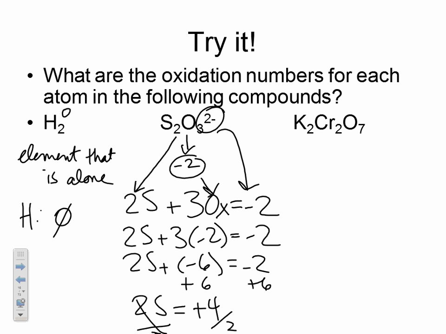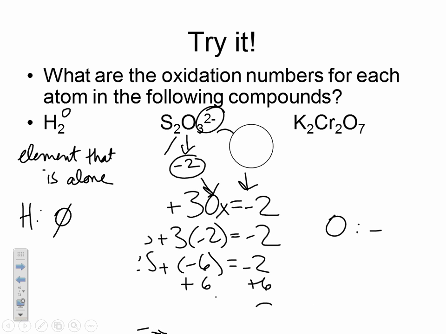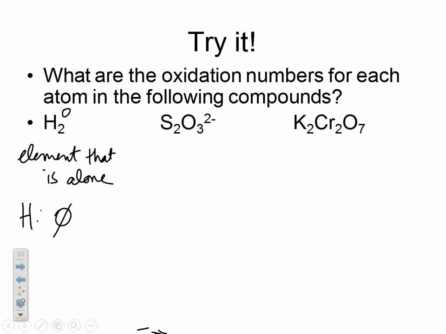So I get that sulfur is +2. So when I'm reporting this compound, I would say that sulfur is +2 and oxygen is -2. So those are the oxidation numbers in this polyatomic ion. I had to work out what the sulfur was based on the fact that I knew that oxygen was -2 and I knew that the charges would add to the overall charge on the ion.